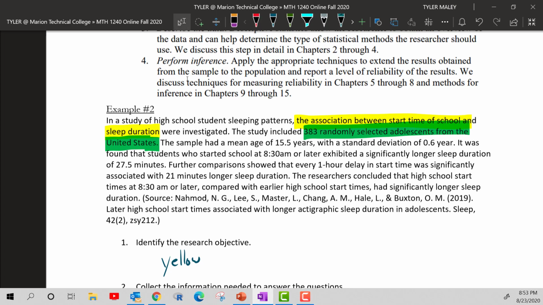All right, so basically all of this, students who started, oops.